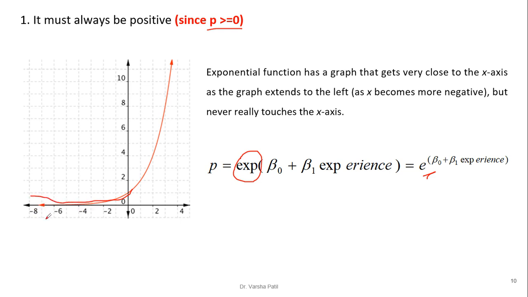If you expand this diagram, we can see that it is very close and parallel to the x-axis as it goes to the negative side, but it never touches, so its value is not 0. The exponential function has a graph that gets very close to the x-axis as the graph extends to the left, but never really touches the x-axis. So that's why, for this condition that it must always be positive, we use the exponential, that is e raised to beta 0 plus beta 1 experience.